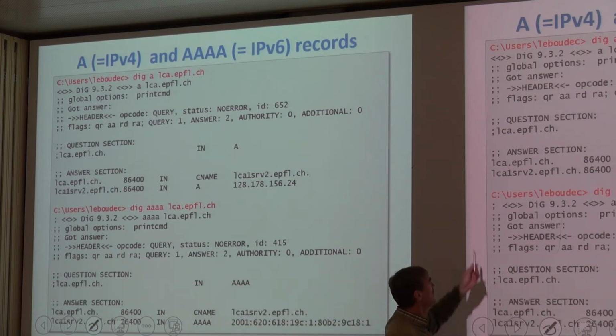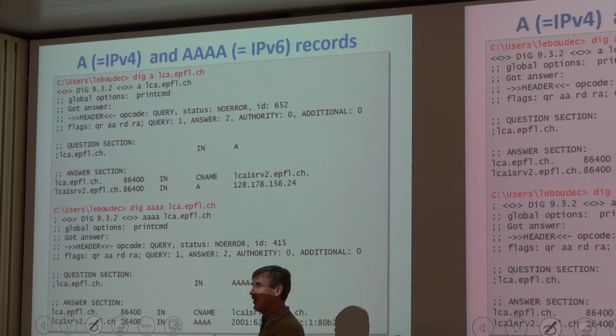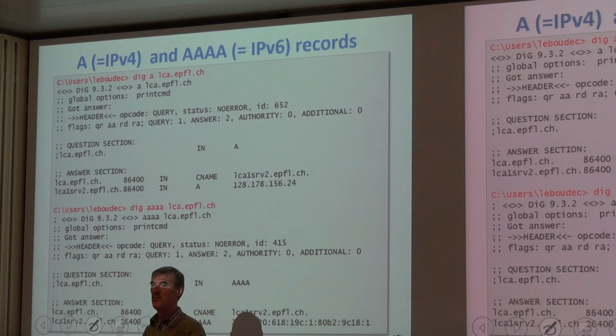Typically, servers like lca.epfl.ch are actually implemented on a given machine. If you change the machine, you may not give a name to the new machine, but in practice, that's very often done. System managers like to have names for the machines.